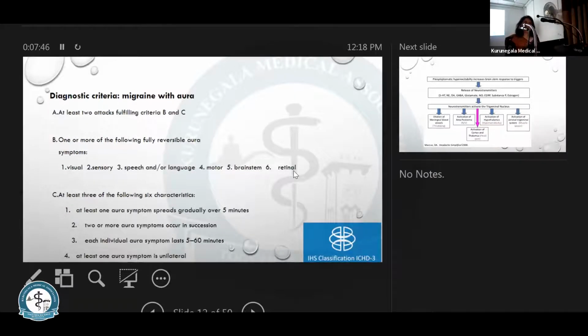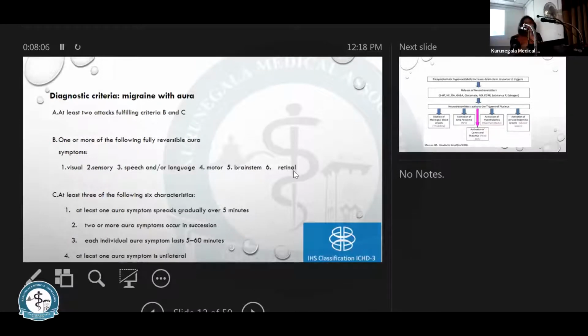So the sensory auras are usually numbness or paresthesia. The fortification spectra and the paresthesia, we call positive auras, whereas the numbness and visual loss, we call negative auras.